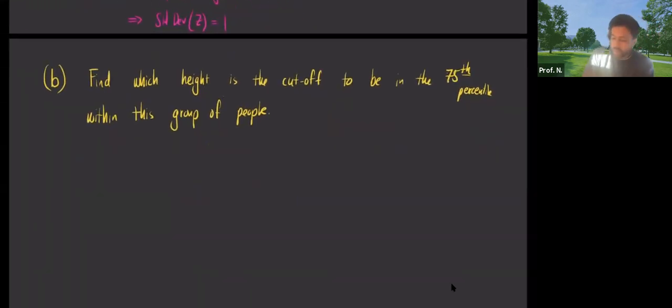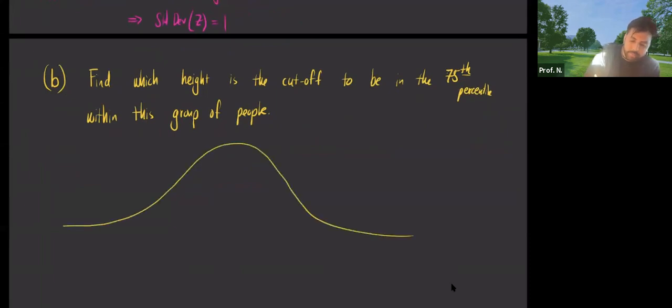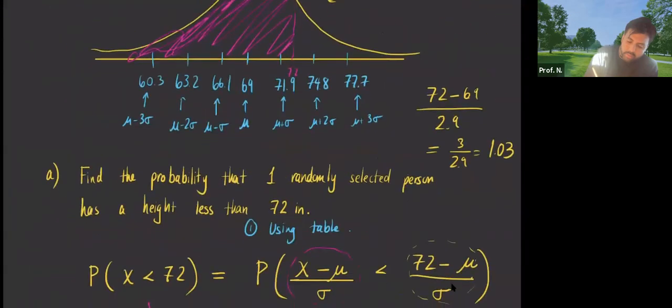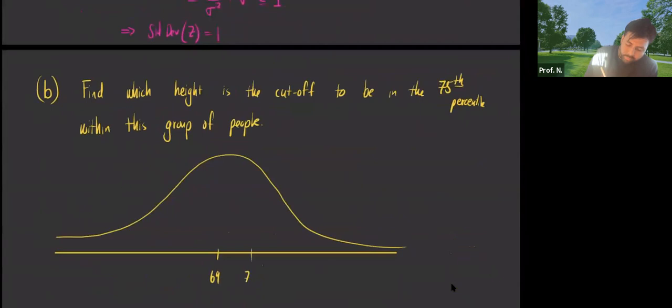So what do I mean by that? Now let's look at the curve again. This was 69, and then we had 71.9 and 74.8, 77.7, so on and so forth, right? We had the other side as well.